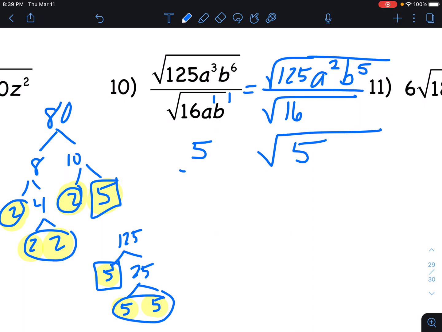And then also we can work on the denominator. Square root of 16 is 4. No more radical in the denominator. And now we want to work on the variables. Since it's square root, for the a, the 2's cancel out, so it's a to the first brought outside. And then for the b, 5 divided by 2 is 2 with a remainder of 1.